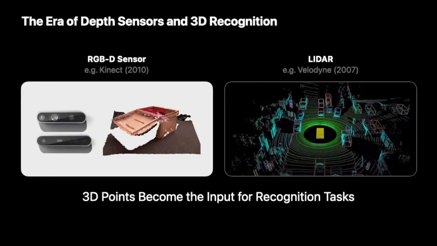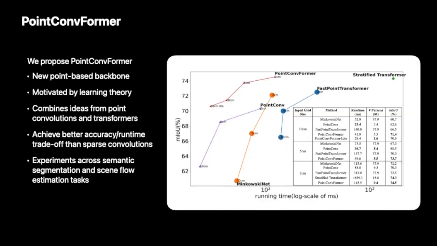In recent years, there has been a significant number of sensors that can directly generate depth information, such as the Kinect and LiDAR sensors that are used in indoor and outdoor scenarios, respectively. Hence, 3D point clouds have become much more important as the input modality for 3D recognition tasks. In this paper, we present PointConvFormer, a new recognition backbone on point clouds motivated by learning theory.